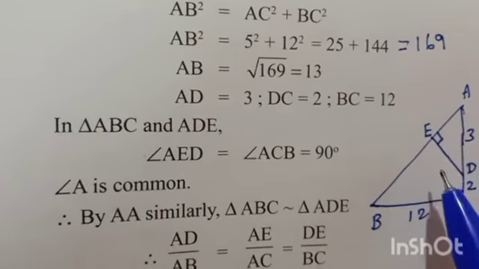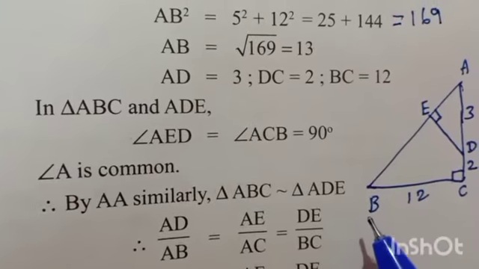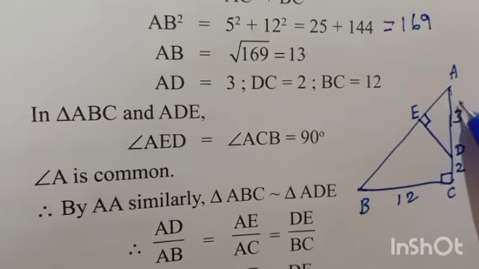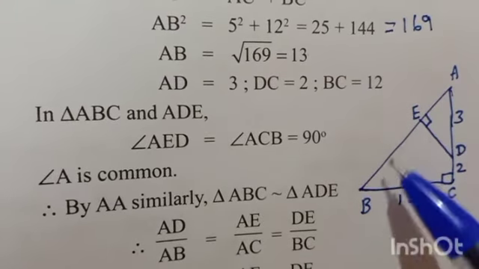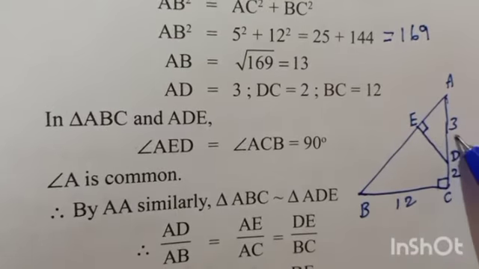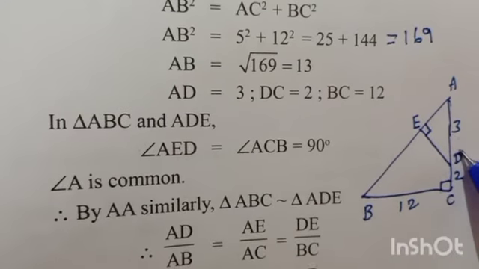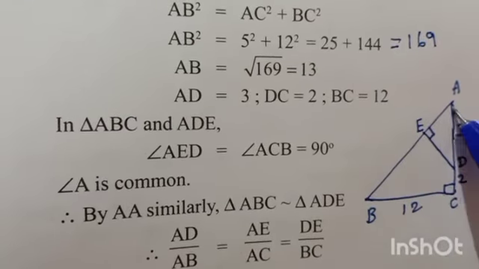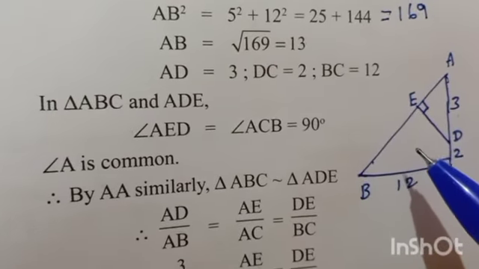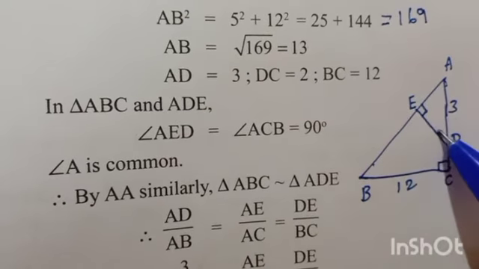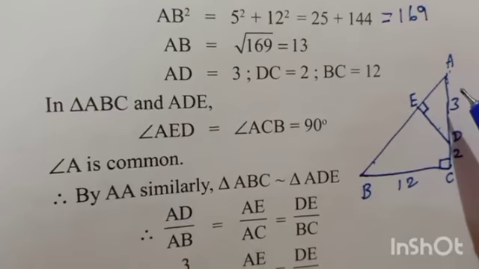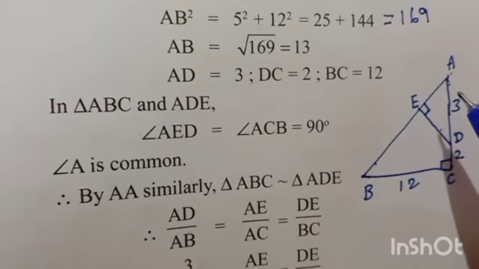So these two are similar. We have to say their corresponding sides are proportional. So how do you find their corresponding sides? You have to consider this small triangle and this big triangle. The side opposite the 90 degree angle is AD by AB. For this, the 90 degree opposite side is AB. We have to select the sides properly. First you consider the small triangle side by big triangle side, or big triangle side by small triangle side, that is your wish.